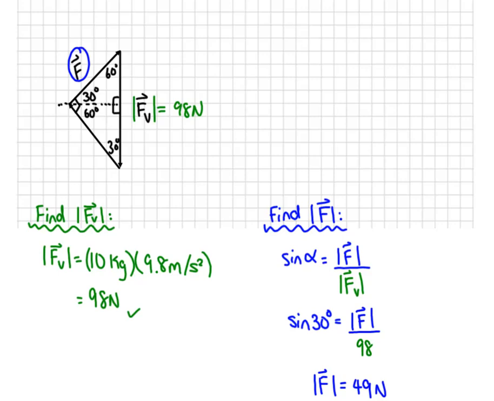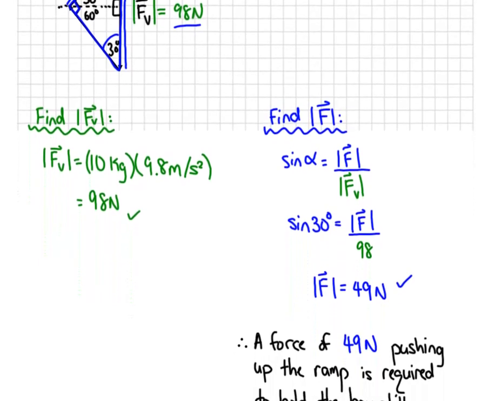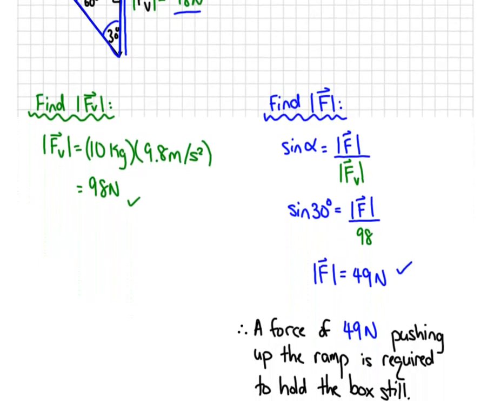Oh, this is a right angle triangle, right? So if this is 30 degrees right here, and I already have the hypotenuse, I can just use sine, opposite over hypotenuse, equals sine 30, right? Okay, so if I solve it like that, I get a magnitude of that parallel force as 49 newtons.